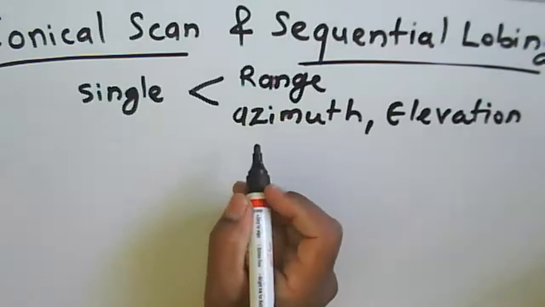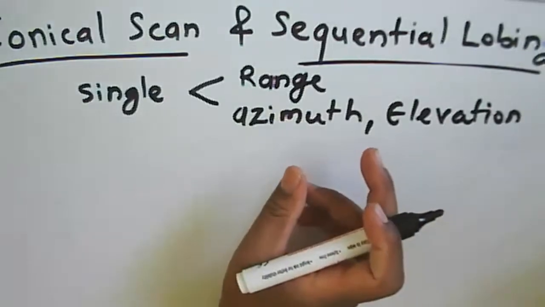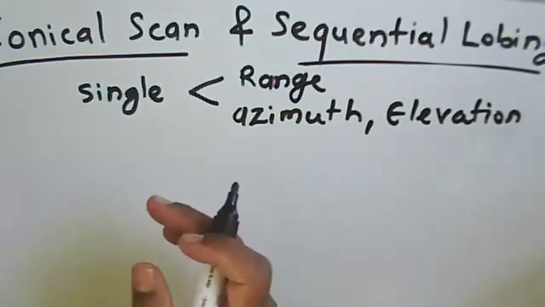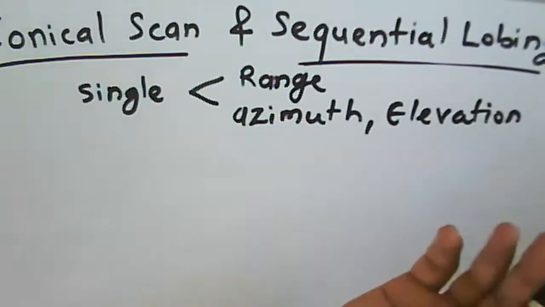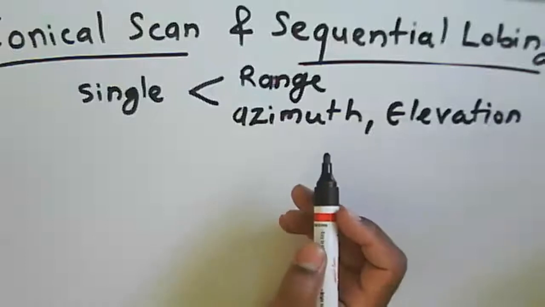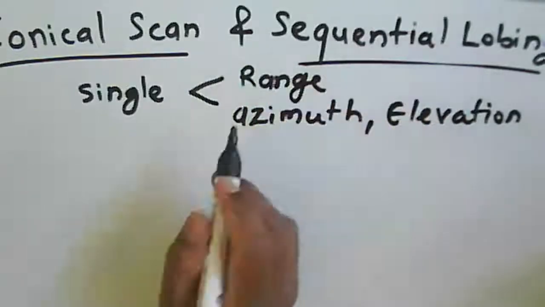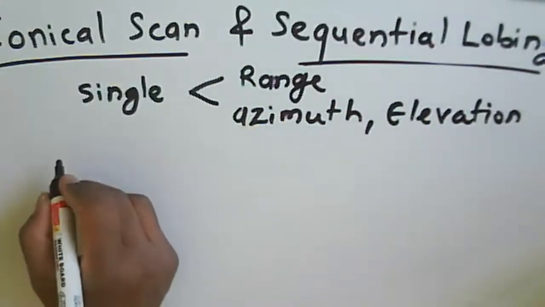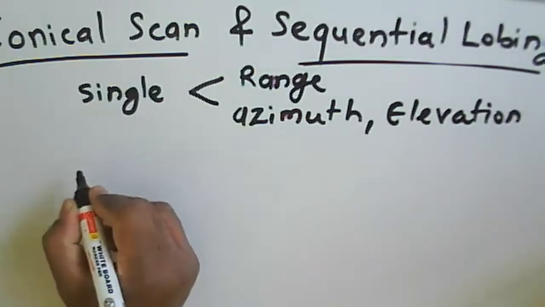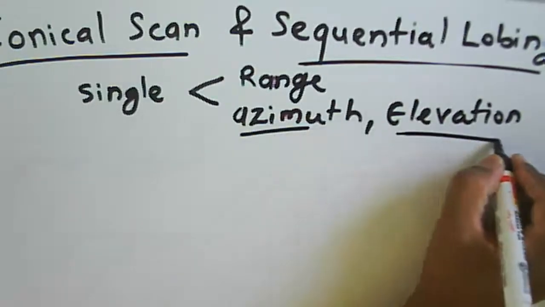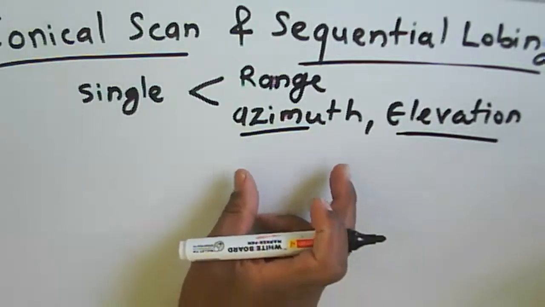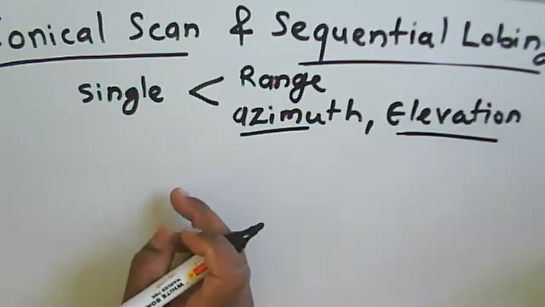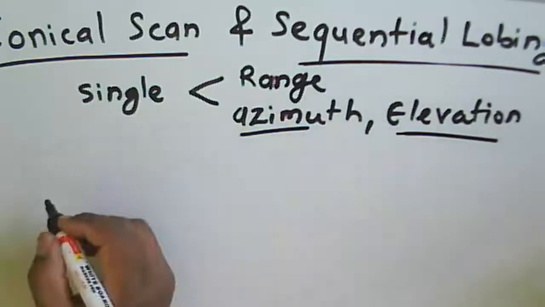And that time sharing, where we switch the beam between two different positions through time sharing, is called sequential lobing. Sequential lobing is used to measure the angle in terms of azimuth and elevation of a target, as well as the range.